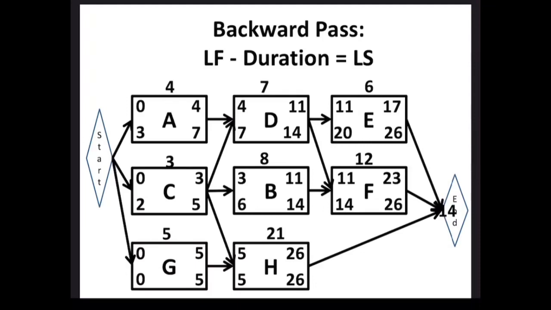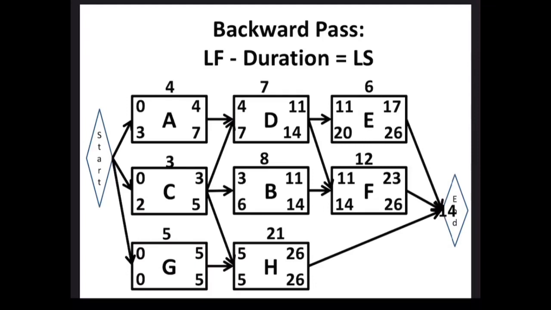So we take that number and we plug it into the bottom right, which is the late finish of all the activities connected to the end. It can't be 27 because then it's going to take too long. It has to be exactly the same amount as your critical path duration, which is your biggest number in the top right corner of all the activities that are connected to the end. Is that clear? Clear. Awesome.